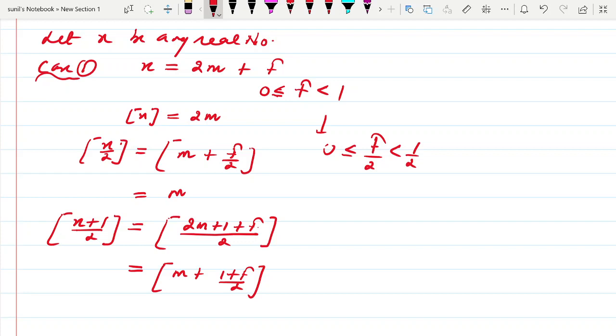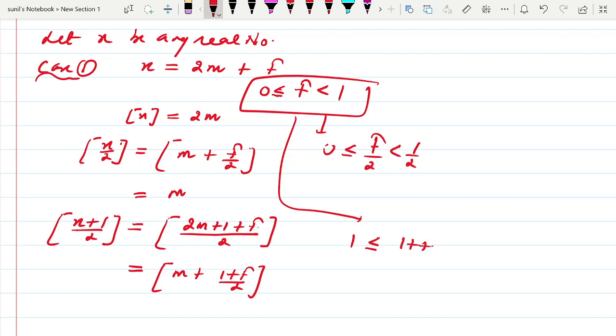Now see how we'll handle this case. This is the inequality. Can we add 1 to the entire thing? Now dividing both sides by 2.